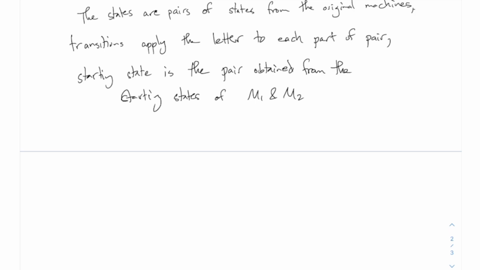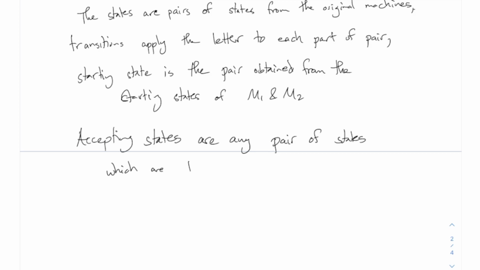Both parts of the pair are accepting in the original machine. Now in the example that I just did, there was only one, but there could be more than one. Accepting states are any pair of states which are both accepting in M1 and M2. All right? This is how we do the product construction. All right?